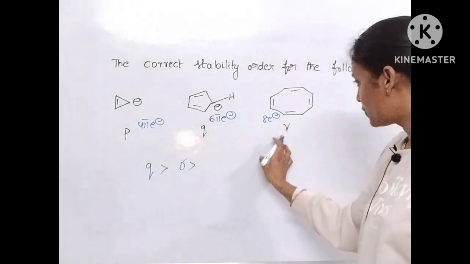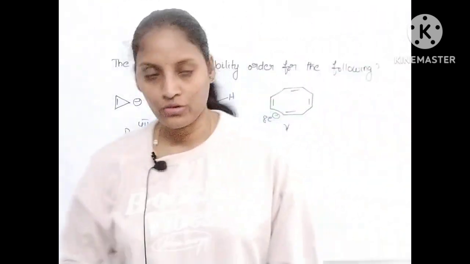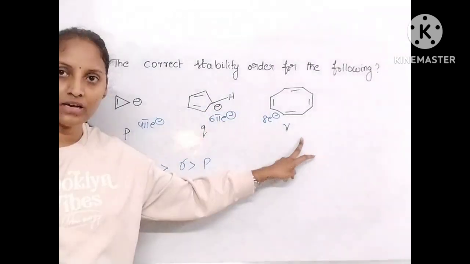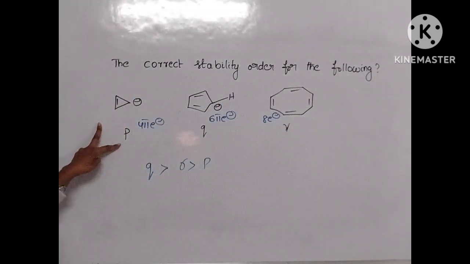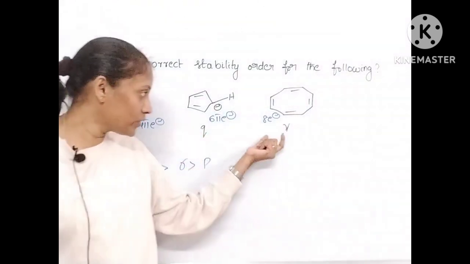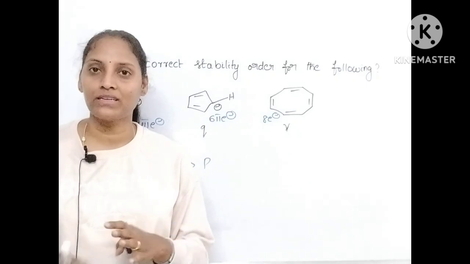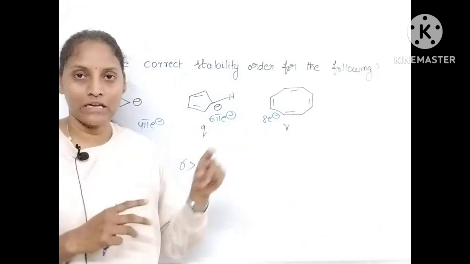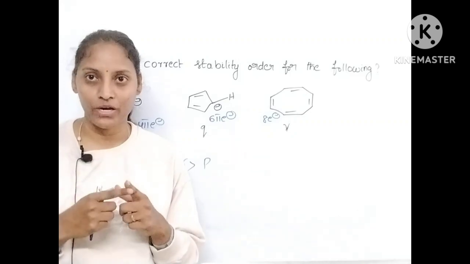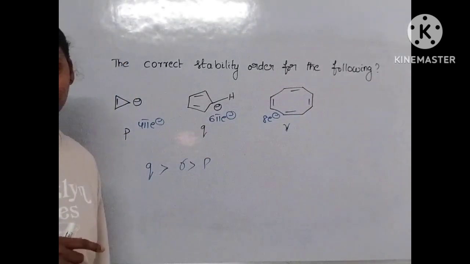That is the reason this one comes first, later on P. If you observe here, this is an aromatic compound, this is a non-aromatic compound, and this is the anti-aromatic compound based on Huckel's rule. In general, this one comes under anti-aromatic, but because of the formation of a tub shape, this one comes here. Okay, non-aromatic.